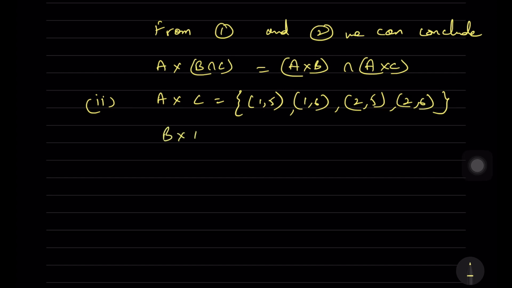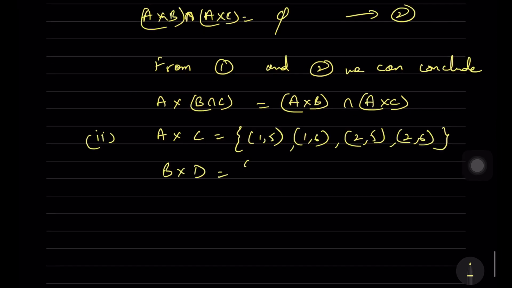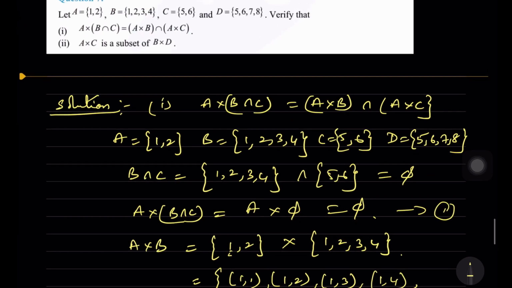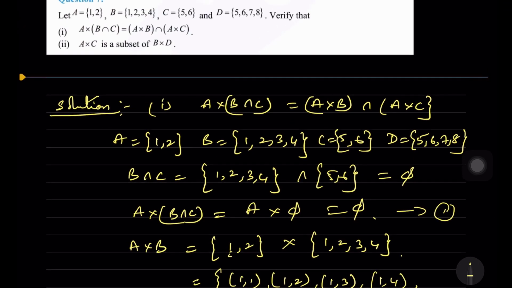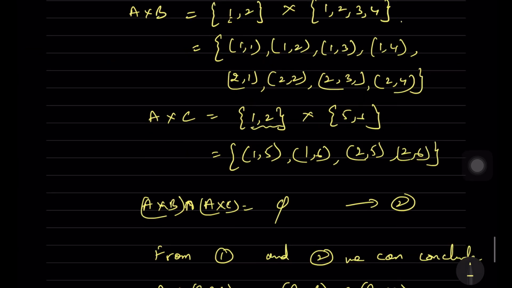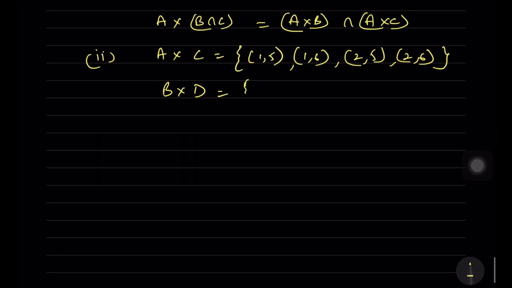We'll see. B is equal to, what are the elements in B? We can see from here, B is equal to 1, 2, 3, 4 and D is equal to 5, 6, 7, 8. So you get here 1, 2, 3, 4 cross 5, 6, 7, 8. So what is B cross D?